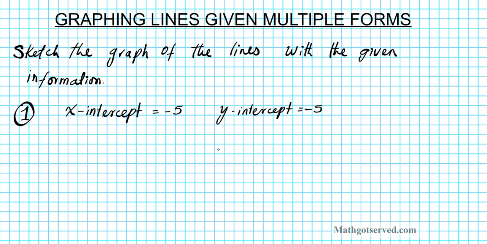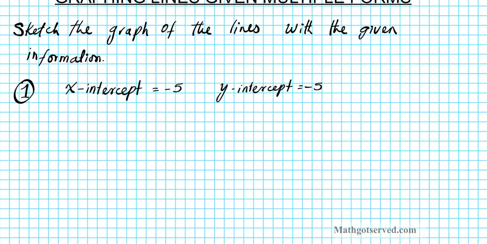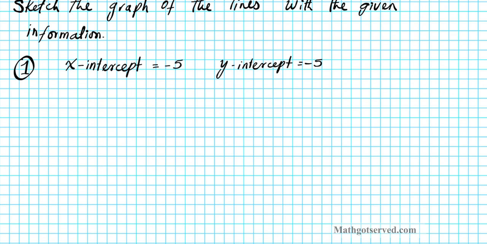Well, in order to graph this correctly, we need to know what the meaning of intercepts are. The x-intercept is the point on the x-axis where the graph cuts the x-axis. Okay, that's what the x-intercept is. And the y-intercept is a point on the y-axis where the graph cuts or intersects the y-axis.